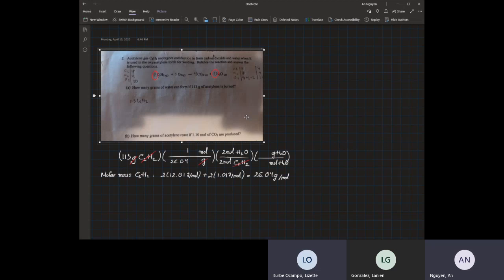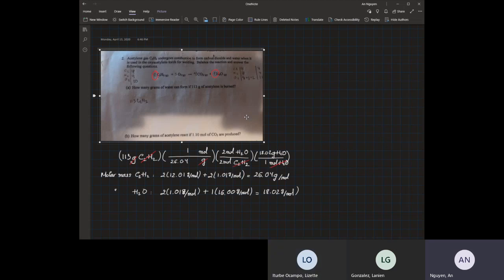The molar mass of water is 2 hydrogen at 1.01 grams per mole, and 1 oxygen at 16 grams per mole. That gives us 18.02 grams per mole, so there are 18.02 grams for every 1 mole.